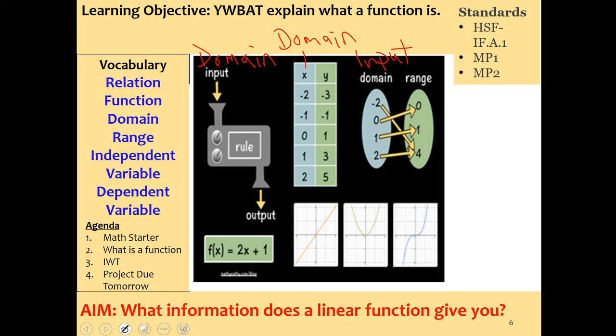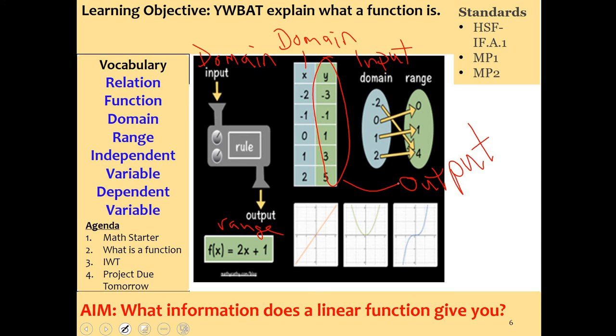You can represent it as a table, an equation, and a graph. Those are the three ways in algebra that we're going to talk about functions. Your range is your output. The range is what gets spit out from the function machine. It's the y. This is your range. All right, so that's your output.